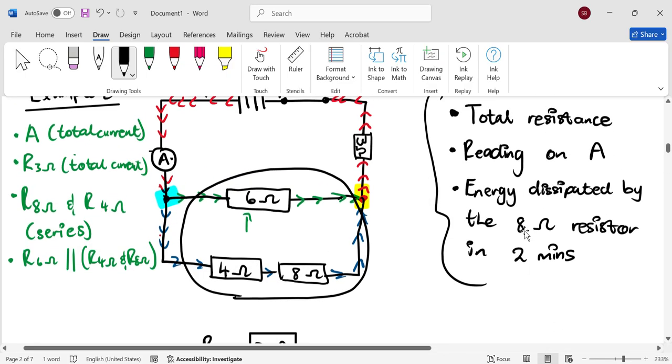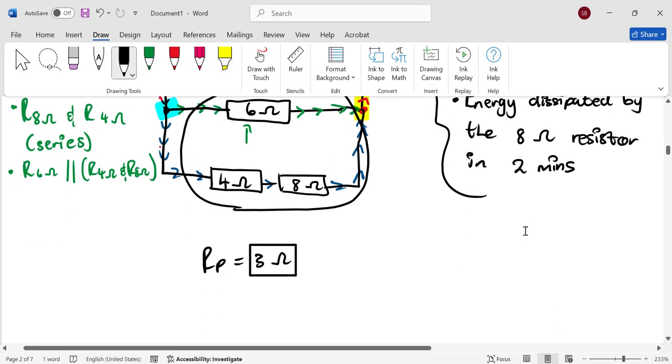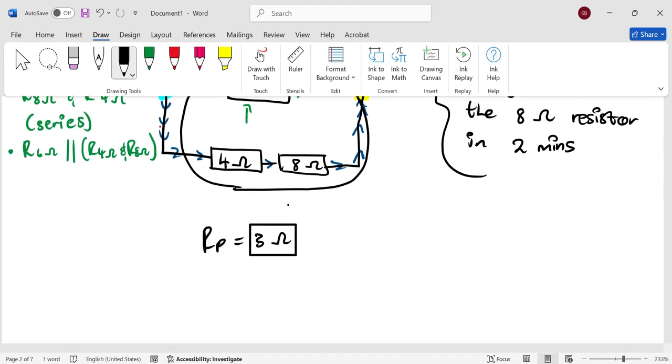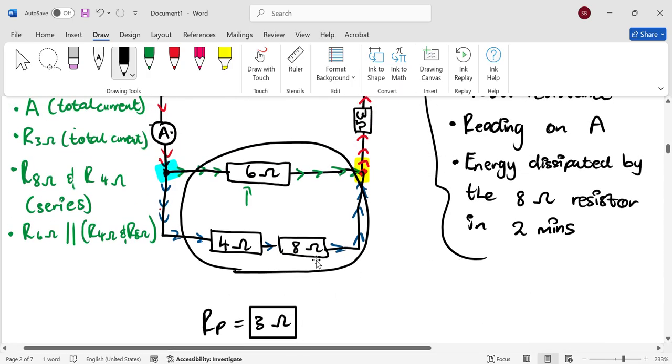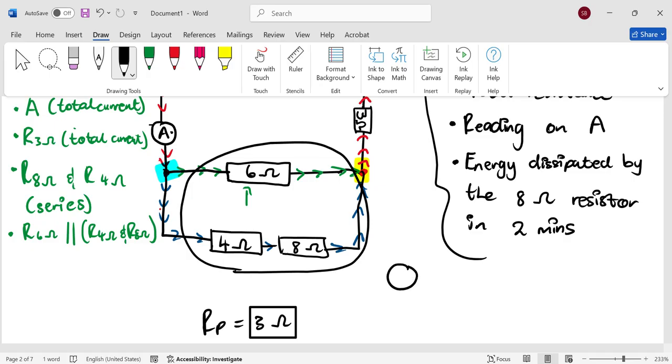That's the 4, the 8, and the 6. If I want to make that one resistor, that's going to be the 3 ohm resistor. Therefore, I'm going to form a new circuit, something like this. So that's going to be my A, connected, just think of chemistry, to the 3 ohm resistor, and then connected again to another 3 ohm resistor.